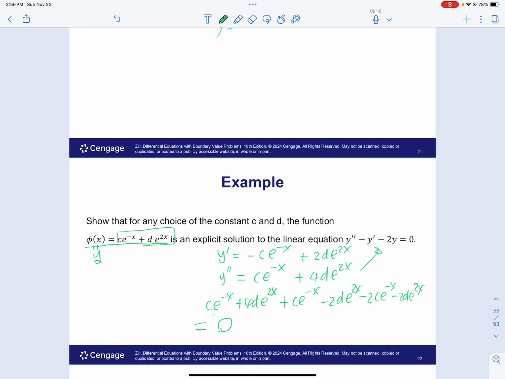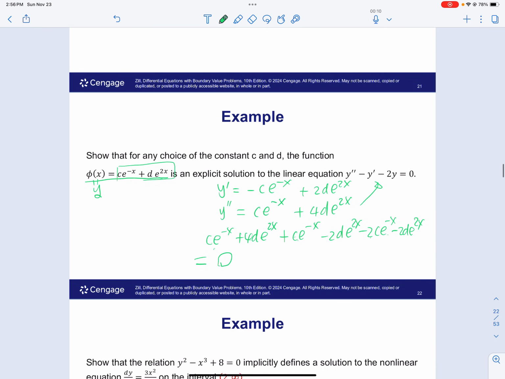Why is it called infinitely many? Because no matter what c and d you choose, any real numbers, this solution always satisfies this differential equation. Because when we substitute, do we care what c and d are? No, it always cancels. So this also tells you how many solutions differential equations typically have. Infinitely many.